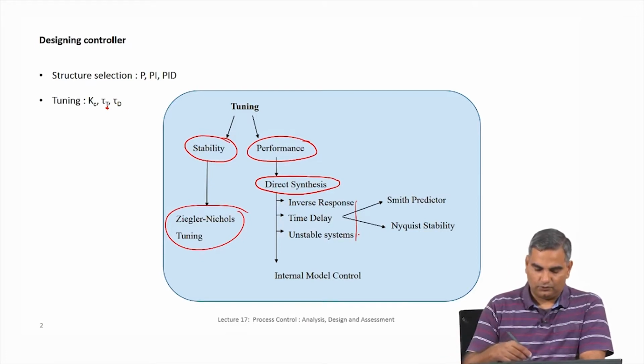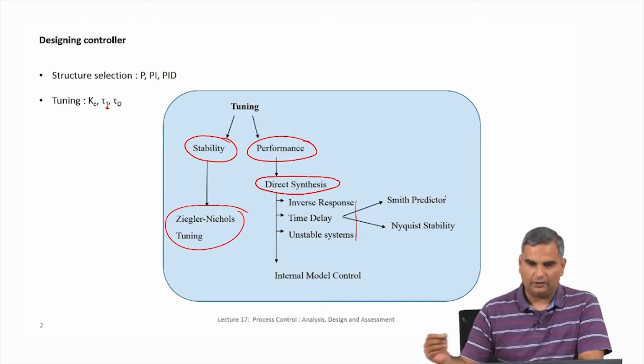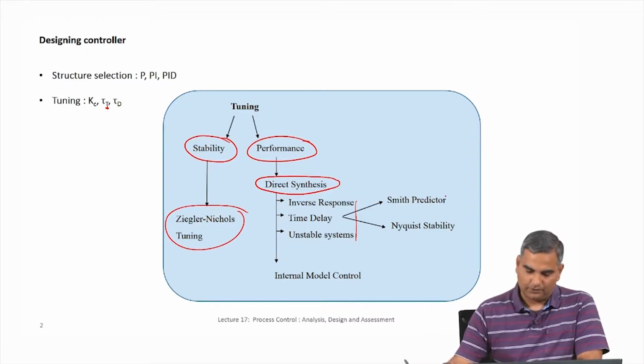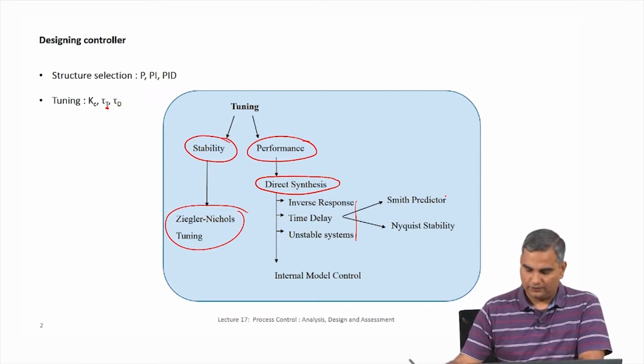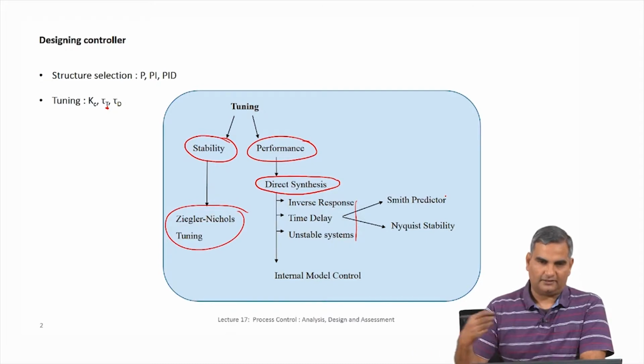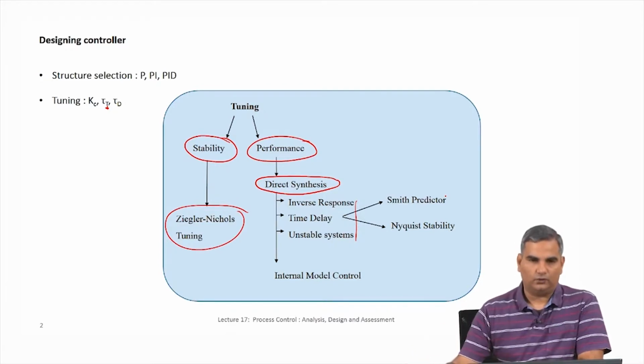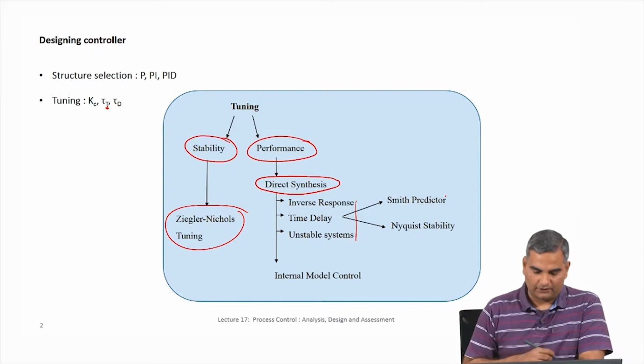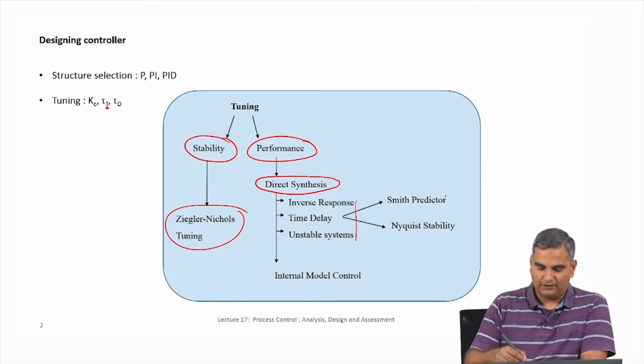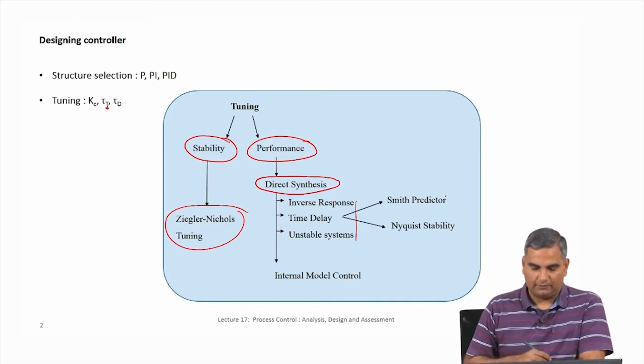And when you come to time delay systems, you can look at tuning using what is called a Smith predictor based controller. We will also introduce the notion of Nyquist stability at this point, which is the next idea that you would need beyond root stability in terms of looking at stability of time delay systems. We have also not talked about how we will tune unstable systems. That is also something that we will see as part of this direct synthesis approach. So, you will see these in the second part of the course.